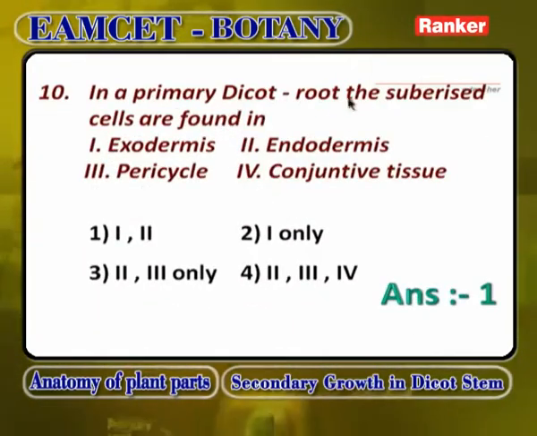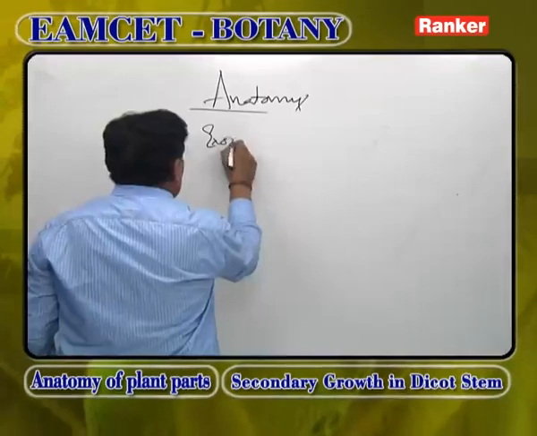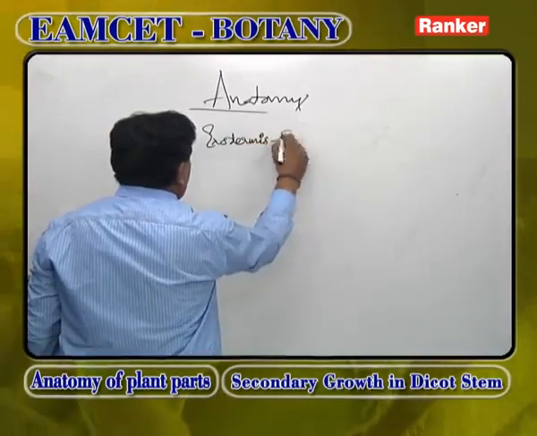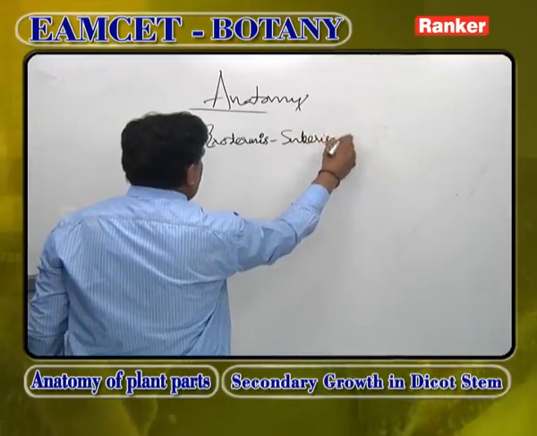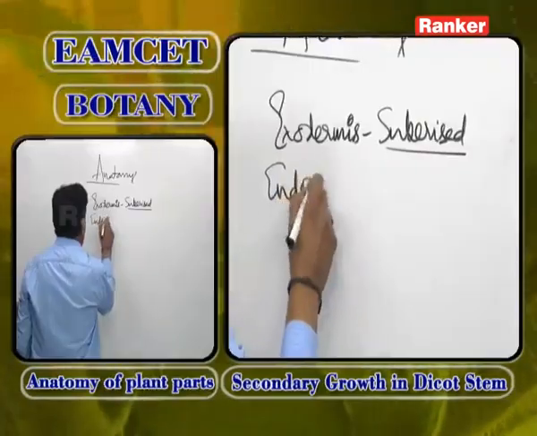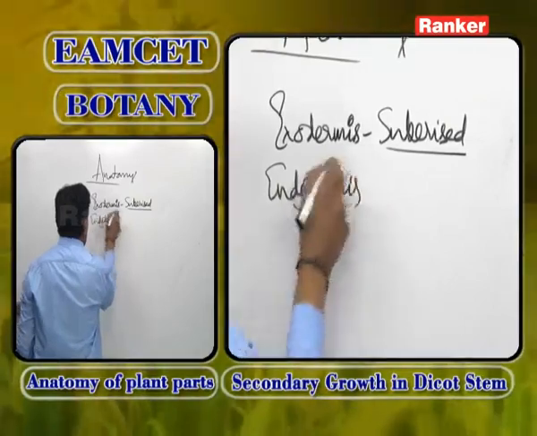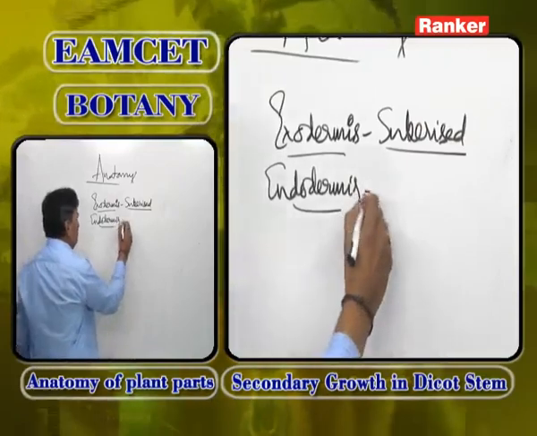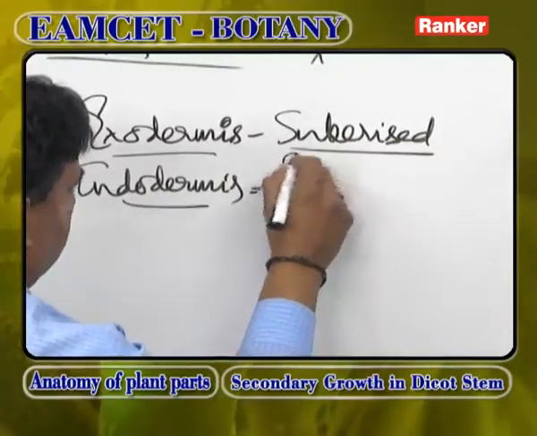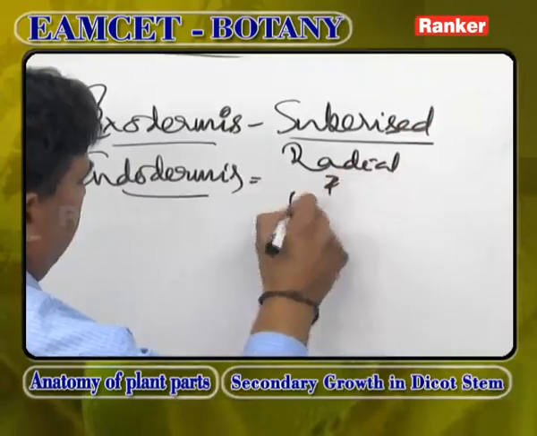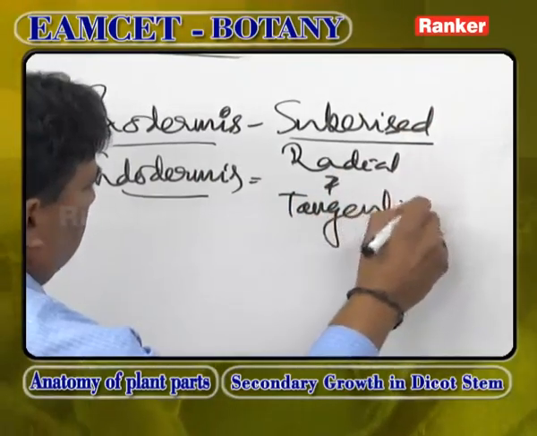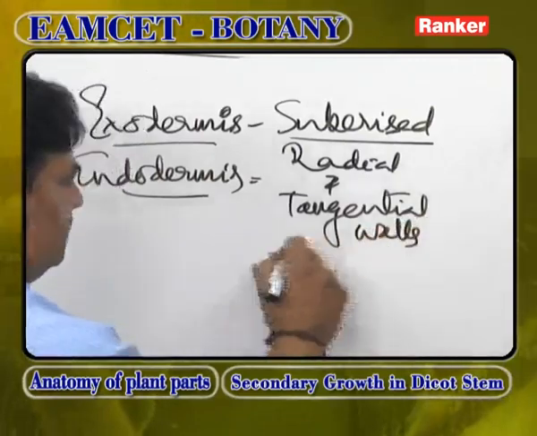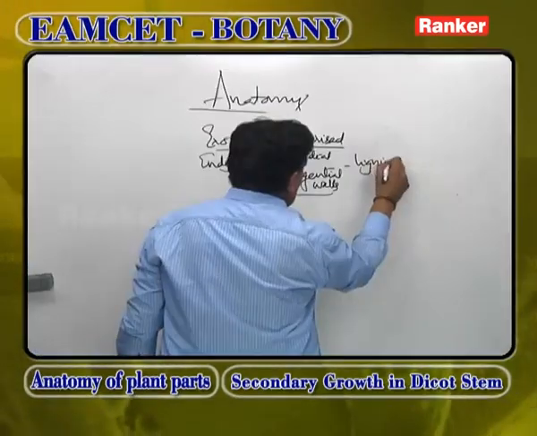In a primary dicot root, suberized cells are the cells which are surrounded by suberin. Just now I told you the exodermis, present just below the epidermis in an old root, is suberized. The endodermis is the cortical layer present around the stele. On some cells of the endodermis, the radial and tangential walls show depositions of lignin and suberin.